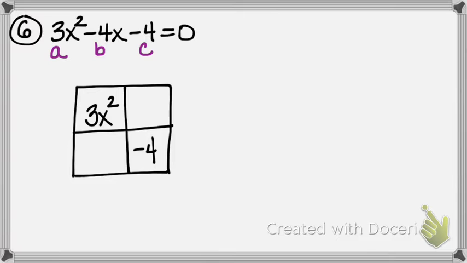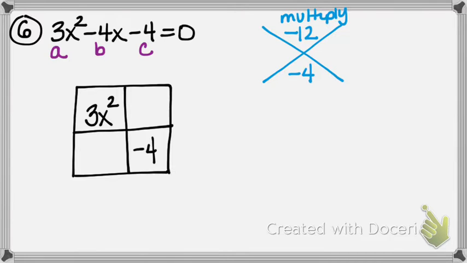So to find our numbers, we need two numbers that multiply to be 3 times -4, and 3 times -4 is -12. So two numbers that multiply to be -12 and add to be -4. So that would be -6 and +2.